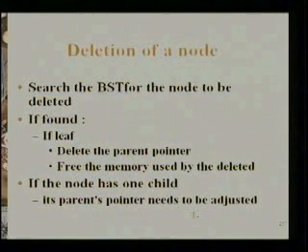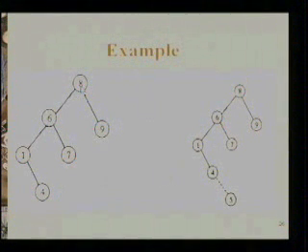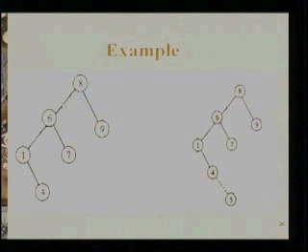We would like to see these two, insertion and deletion, with the help of an example. Now how do we do insertion and deletion? Suppose this was our original tree, and an element 5 is to be inserted. What is the value over here? 8. 5 is less than 8, so we are searching the tree. So we traverse to the left, we find 6. 5 is less than 6, so we traverse to the left.